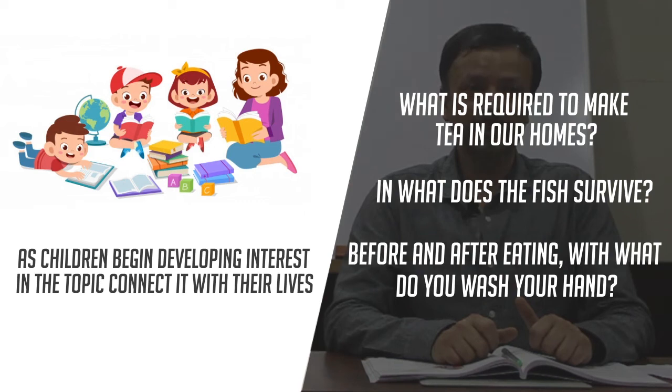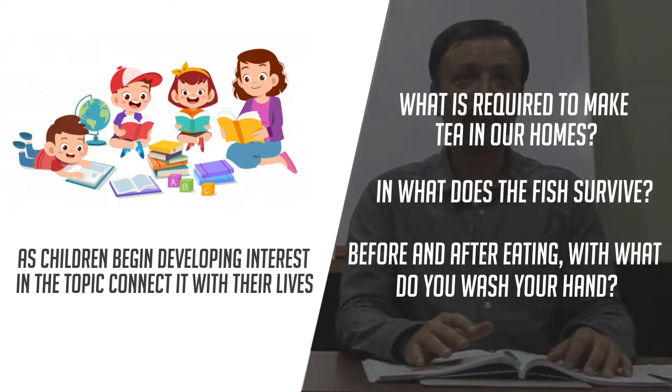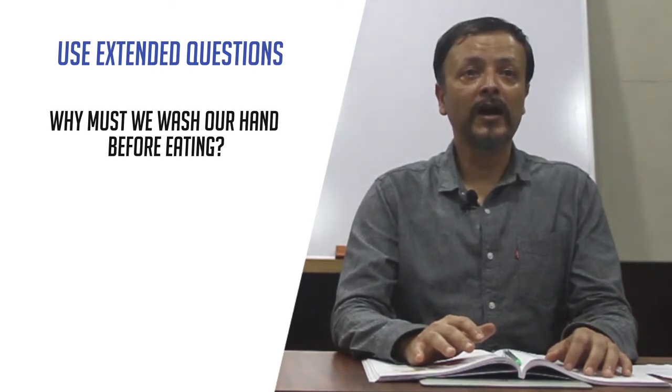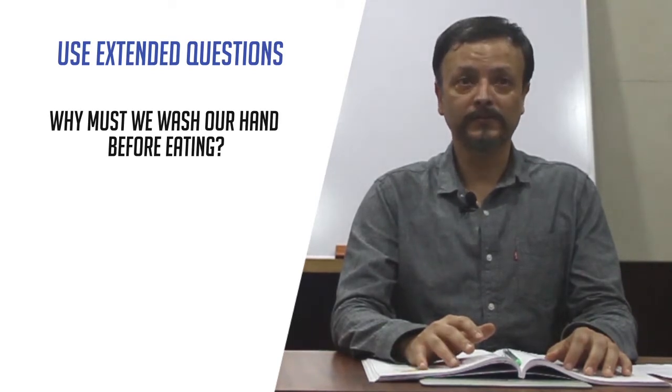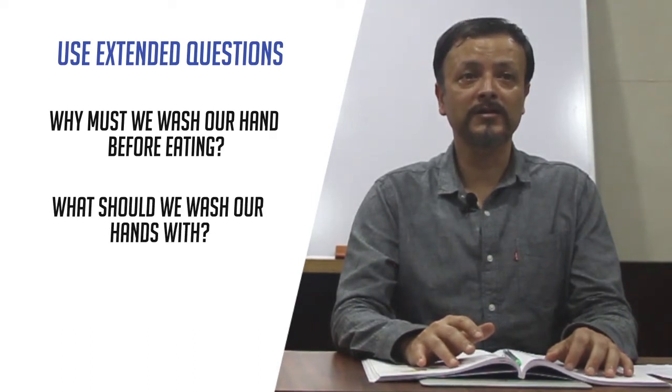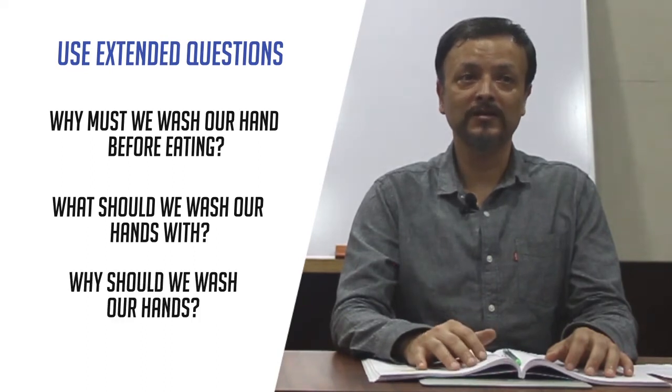Before and after eating, with what do you wash your hand? These questions will also invite answers which should be noted on the board. Sometimes we can also use extended questions like, why must we wash our hand before eating? Using what should we wash our hands? Why should we wash our hands?